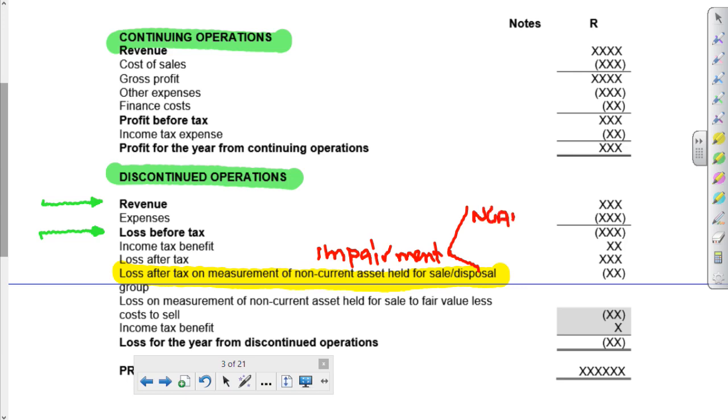Non-current asset held for sale or disposal group. We had an impairment.